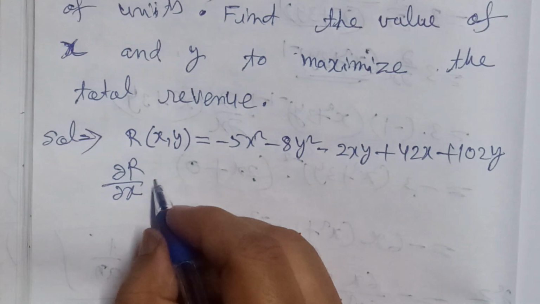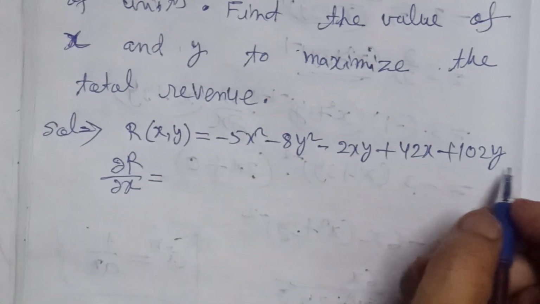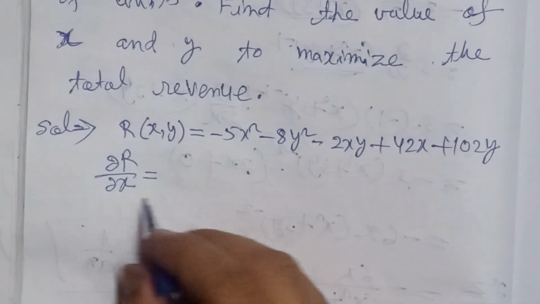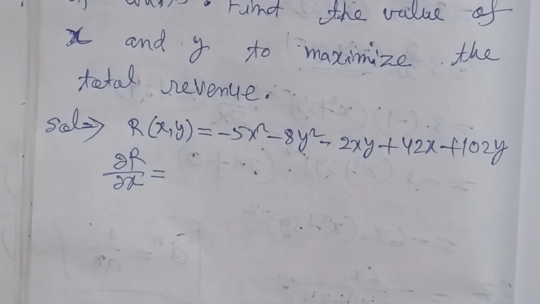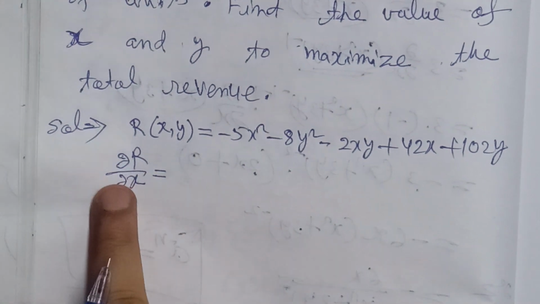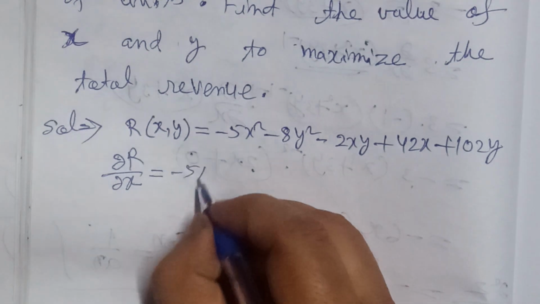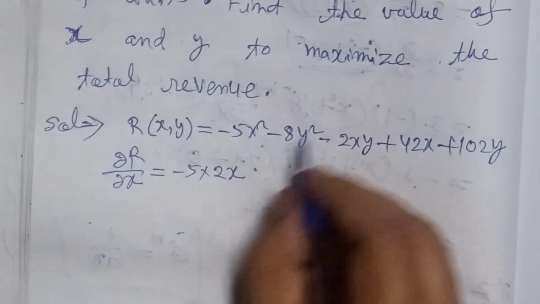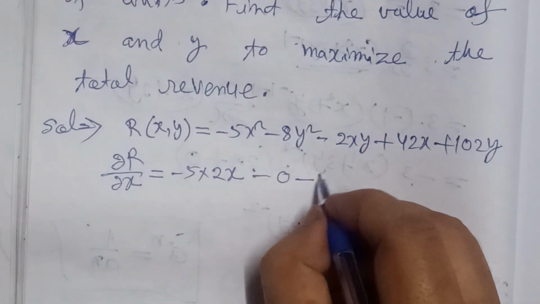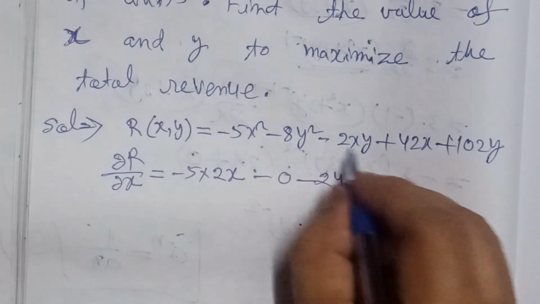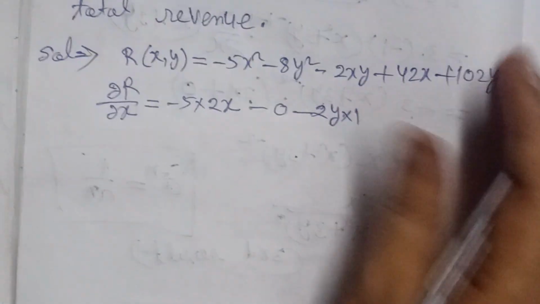So first of all, find the value of del R over del x. We differentiate with respect to x. In partial differentiation, y is constant with respect to x. Differentiation of 5x square is 10x, and differentiation of 8y square is 0. For 2xy, we take 2y as constant, and differentiation of x is 1.